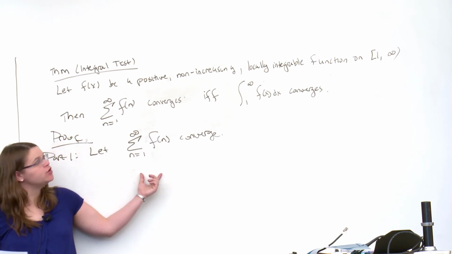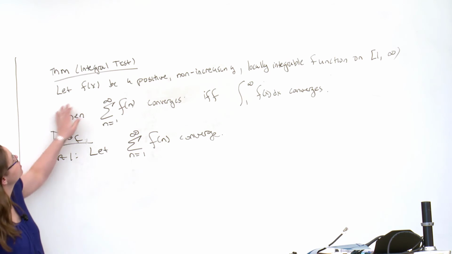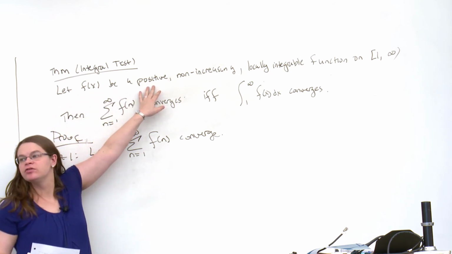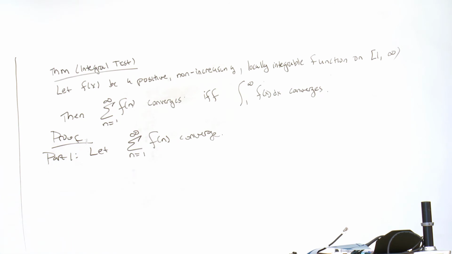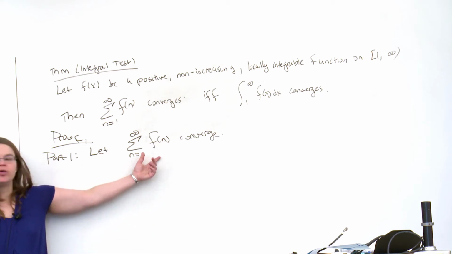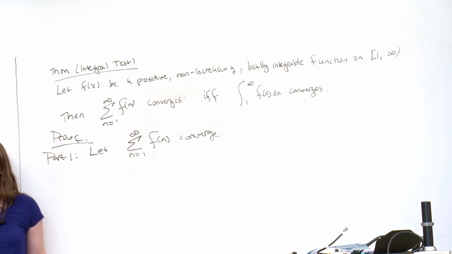Okay, so the series converges. We happen, again, to be in the situation where we have a positive function here, right? We're working with positive terms. Life is easier when we work with positive terms. So if we know that this series converges and we know that the terms are positive, what else do we know about it? Yep? Partial sums are bounded. The partial sums are bounded.